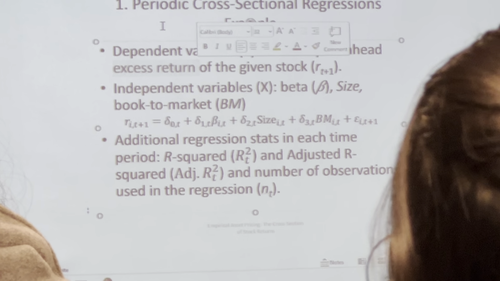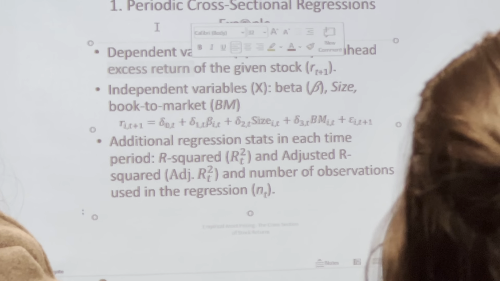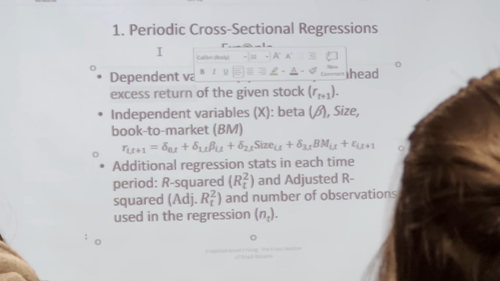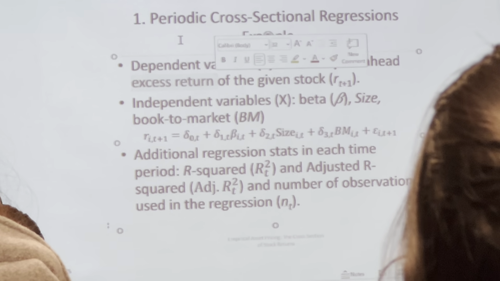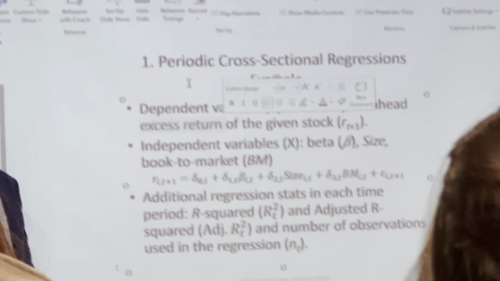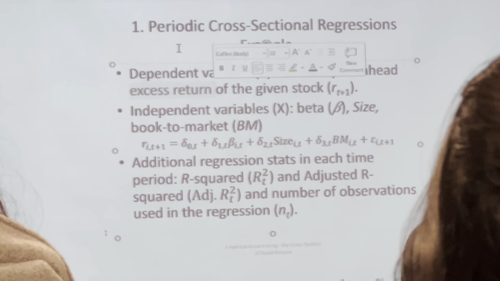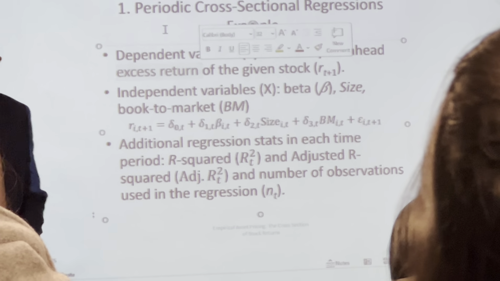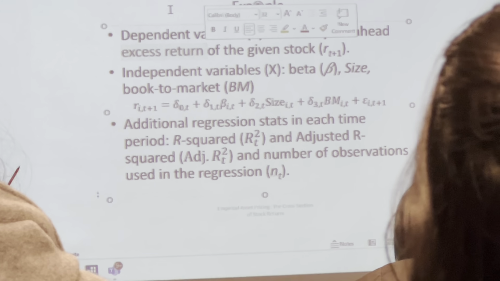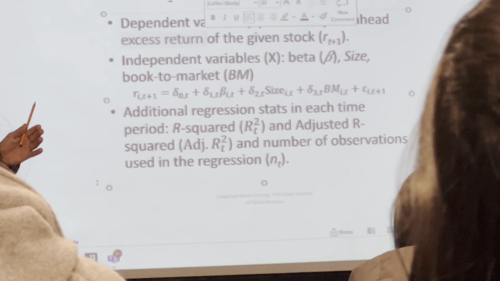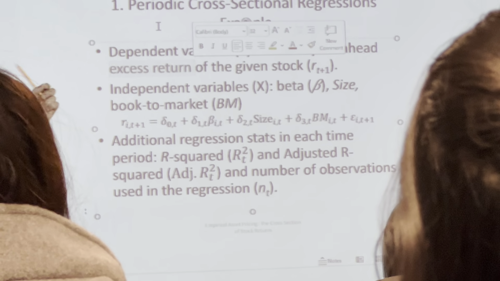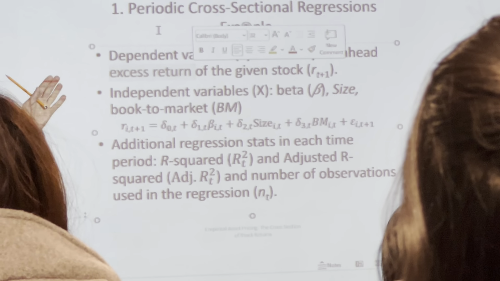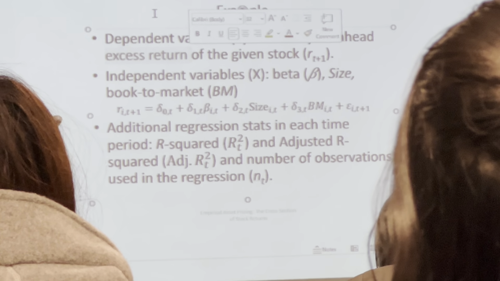What is the excess return? Always in asset pricing, we use the excess return, or not the raw return. The raw return is the firm return, the raw, as it is taken by CRSP. The excess return is the raw return, the firm return, minus the risk-free rate of the corresponding month, if it is monthly, right?